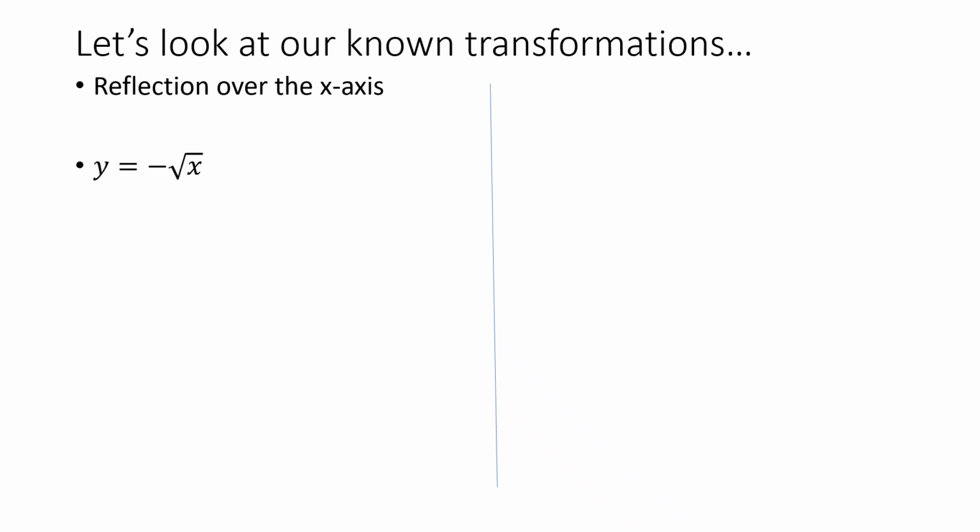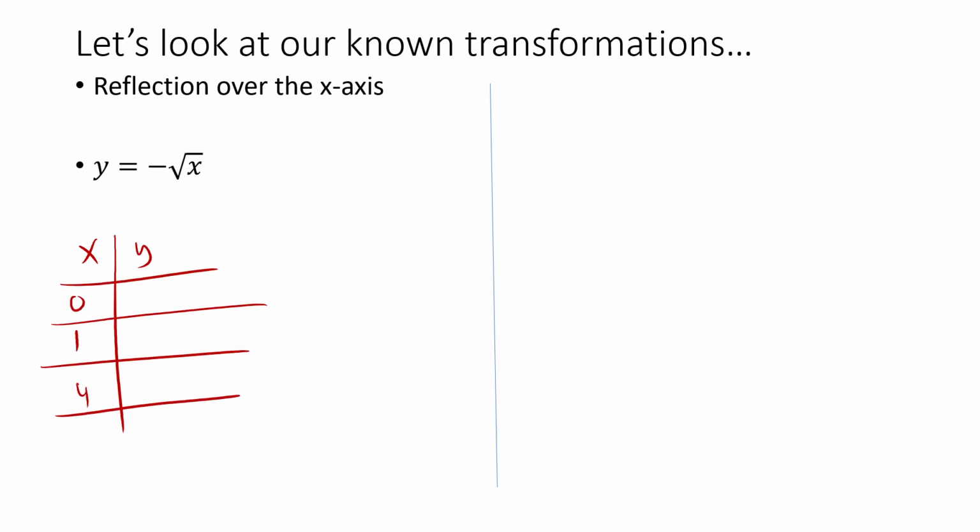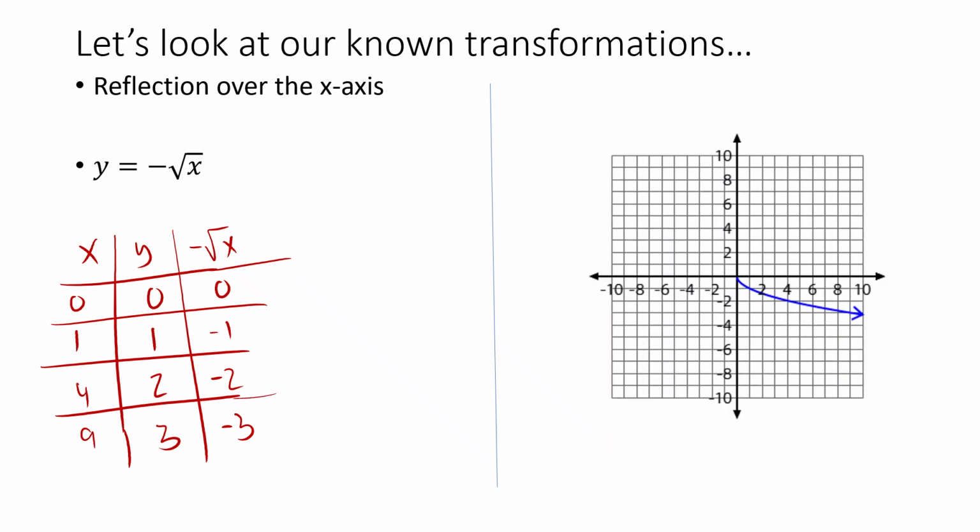Now, this last one is a reflection over the x-axis. So what this does is if we look at our key points again, we'll do these ones where we had 0, 1, 2, 3. The moment you make it negative, negative 0 is just 0, but now you have negative 1, negative 2, and negative 3. And so what that's going to do is flip the graph down.